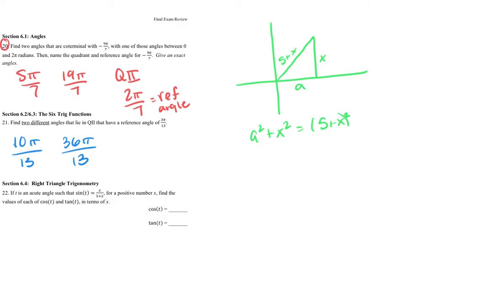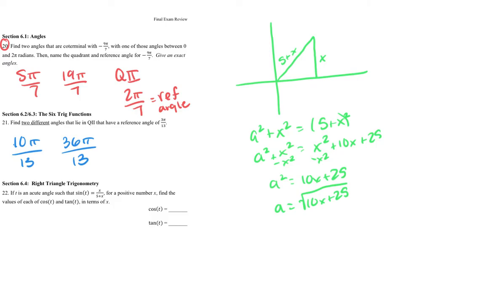And then we simplify this out, and we get x squared plus 10x plus 25 equals a squared plus x squared. We subtract x squared, leaving a squared equals 10x plus 25, and then a is equal to the square root of 10x plus 25, okay?